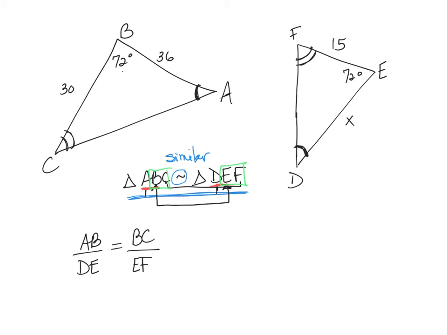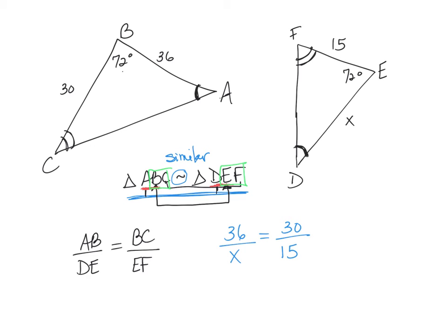So now that I have my proportion, I can plug in my numbers and solve. So AB is 36, and DE is x, and BC is 30, and EF is 15.